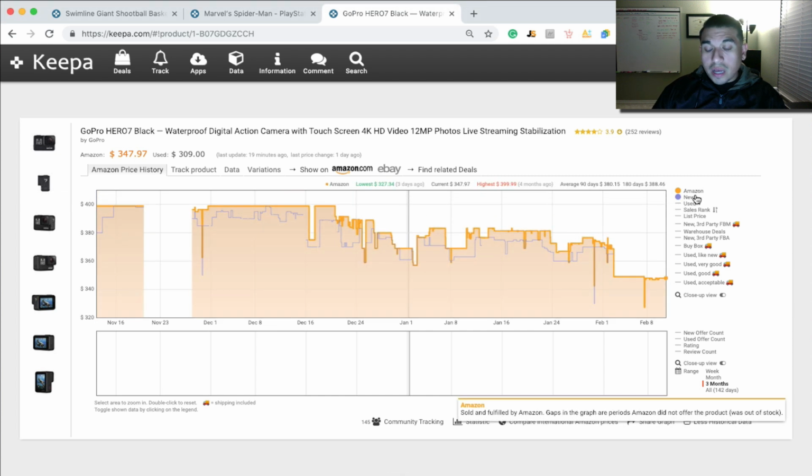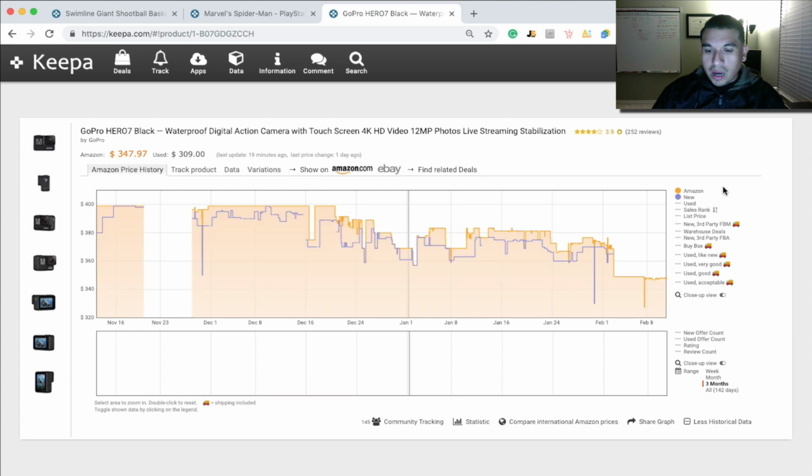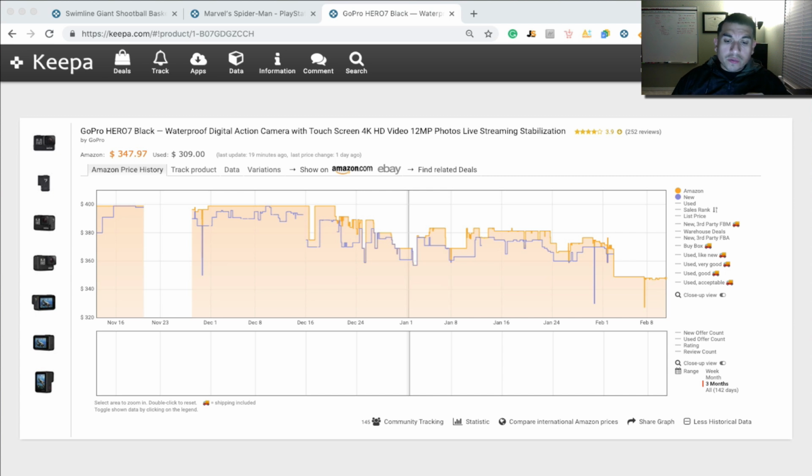So what I'll do is explain what these filters mean and how you can use them in your business. The first filter that I believe is really critical to your business is the Amazon filter, and that's going to be right here. This orange data set is essentially telling you when Amazon has been in stock and the price that it's selling for.